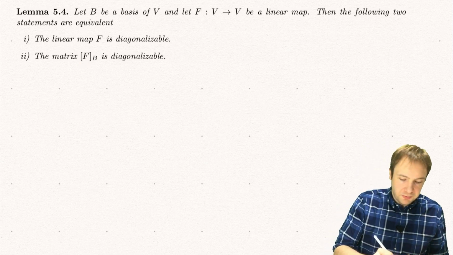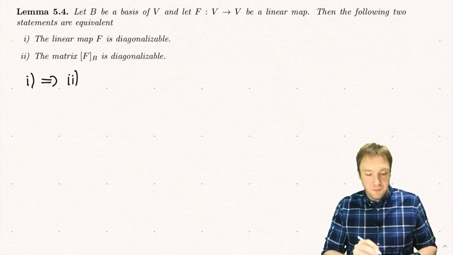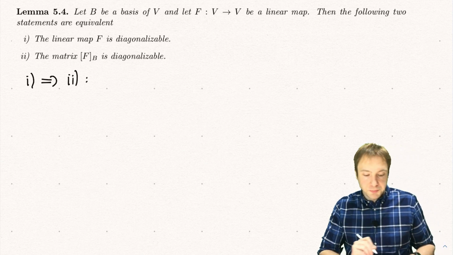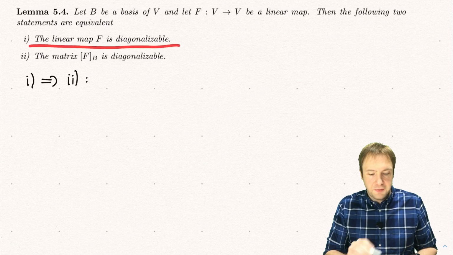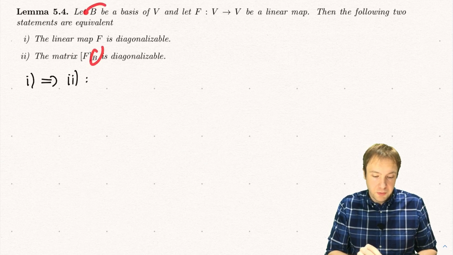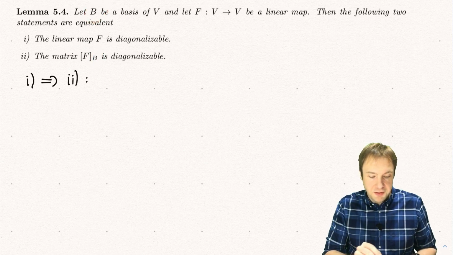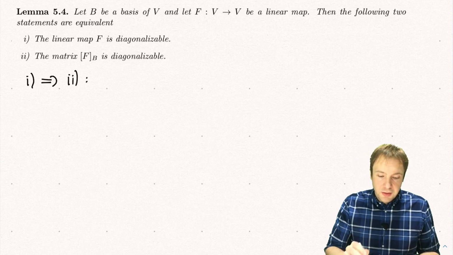And here I will just make a comment on the first direction, and the other direction you can find in the lecture notes. So let's see, if the linear map F is diagonalizable, why is the matrix of F for some random basis of V also diagonalizable?